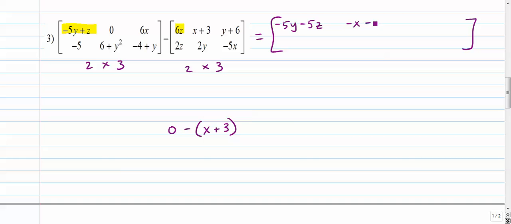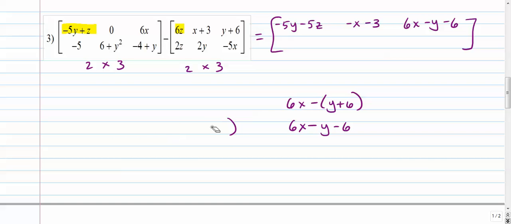Next, 6x minus (y plus 6). Again, we're going to distribute that, so we get that. Always want to put these in standard form. So make sure your x's come first, your y's come second, and your numbers go at the end. Nothing there can be simplified, so we just leave it like that.